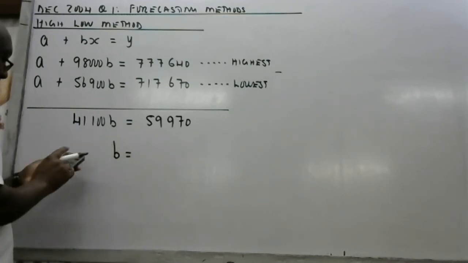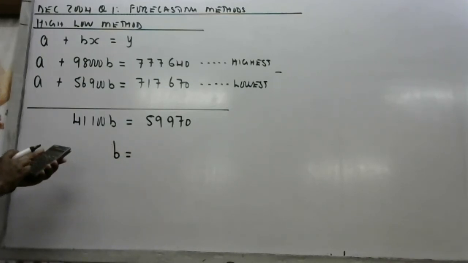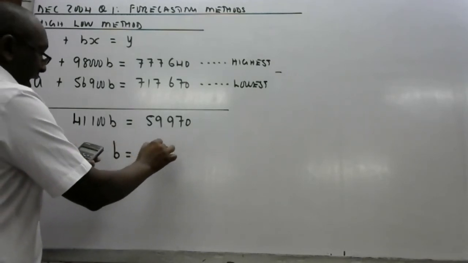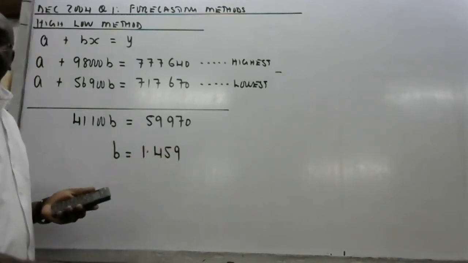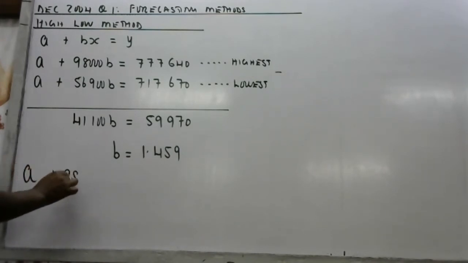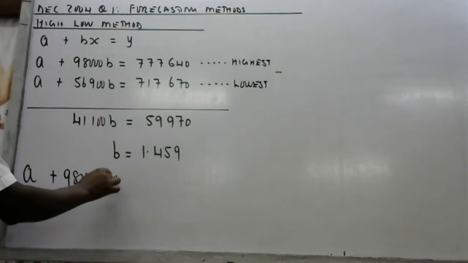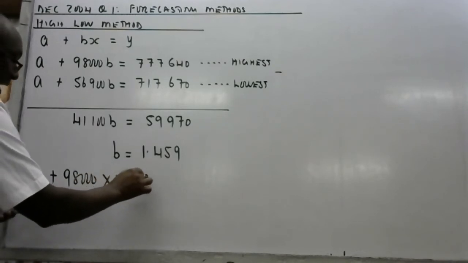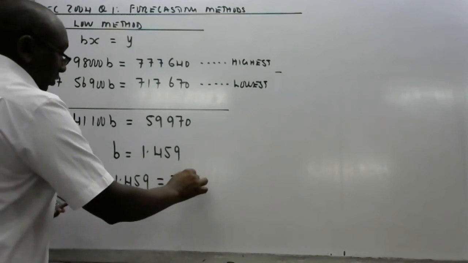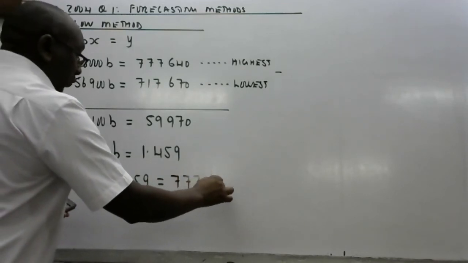And based on that, you divide to get B as 1.459. You get B to be 1.459. Then you say A plus 98,000 times 1.459 is equals to 777,640.